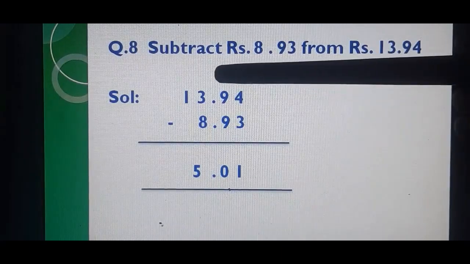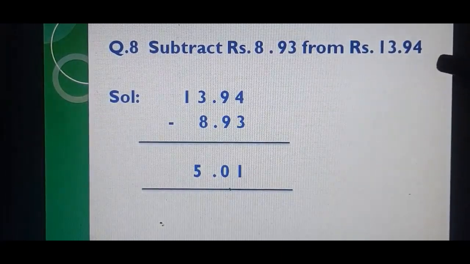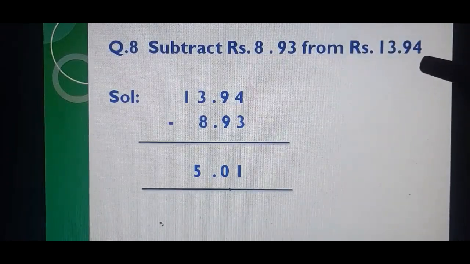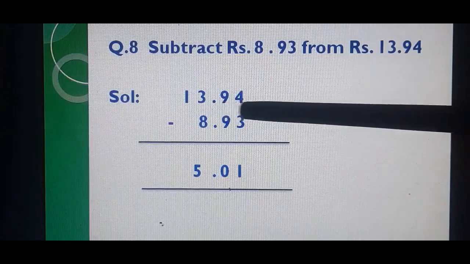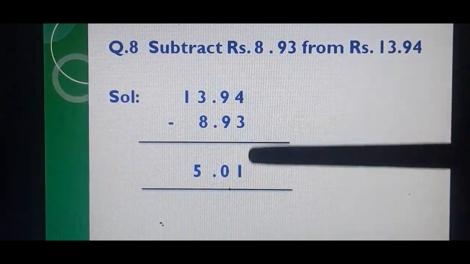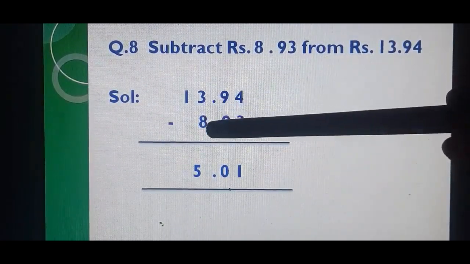Question number 8. Subtract rupees 8 decimal 93 from rupees 13 decimal 94. From is written, so the bigger is 13 decimal 94. So 13 decimal 94 minus 8 decimal 93. 4 minus 3, 1. 9 minus 9, 0. 3 minus 8, not possible.